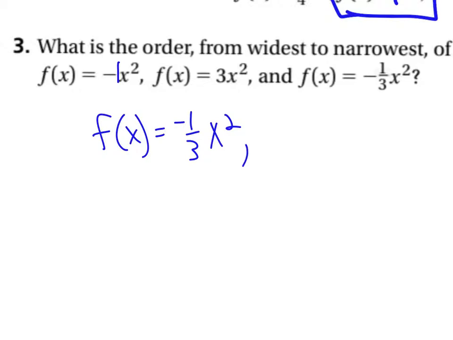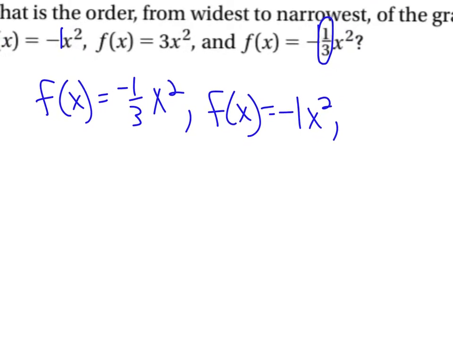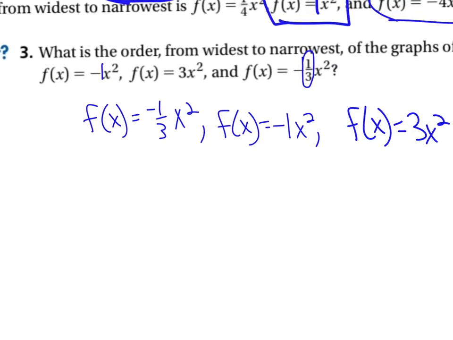Again, I don't care about the negative. I'm just looking at that 1/3. 1/3 is the smallest number, and so the y's are not going to go up very quick, and this is going to stay really wide. The next widest would be the negative 1x squared, or just negative x squared. And then that leaves us with the narrowest, which would be y equals 3x squared, or f of x equals 3x squared.